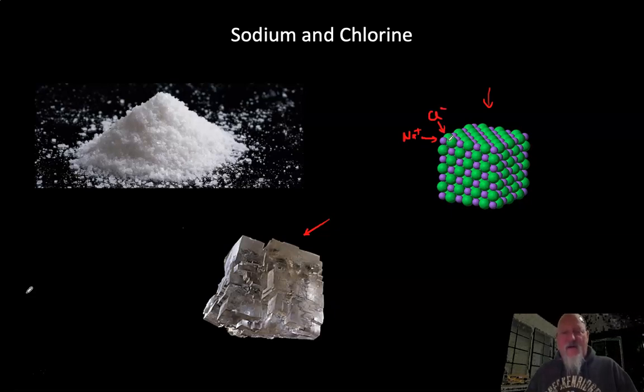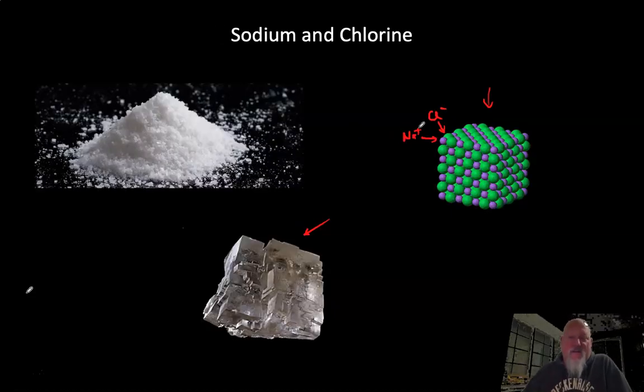The sodium ions are smaller because they've lost an electron, so now they have more protons than electrons, and those protons can pull the electrons closer to the nucleus, while chlorine has gained an electron, so it's got more electrons than protons, so it gets a little bit bigger.